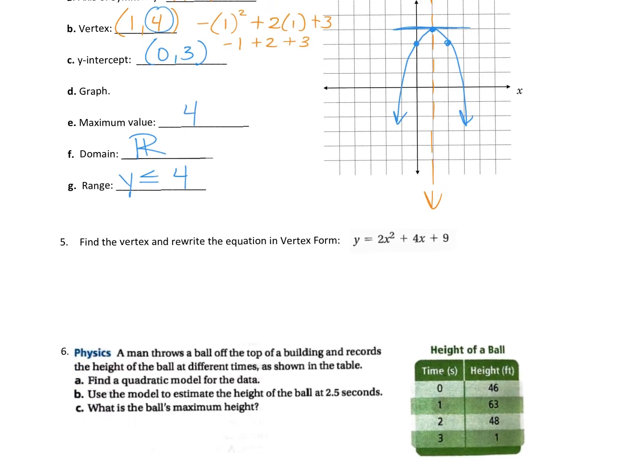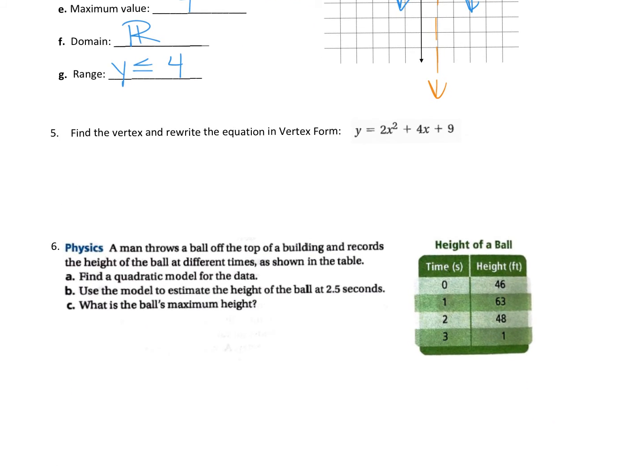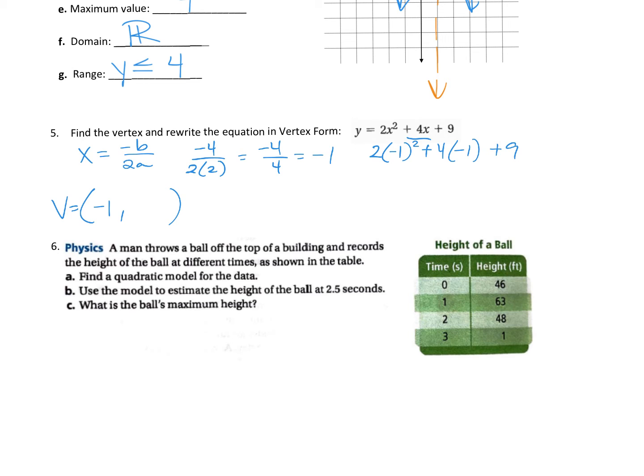Okay. Number 5, you're going to find a vertex and then put it into vertex form. So you start with x equals -b over 2a. So -b is -4 over 2 times 2. So -4 over 4 is -1. So your vertex is -1, something. We've got to plug that in. So it's 2 times -1 squared plus 4 times -1 plus 9.